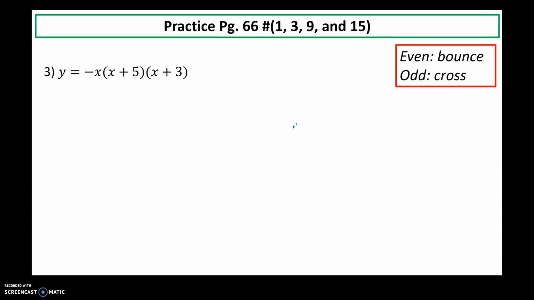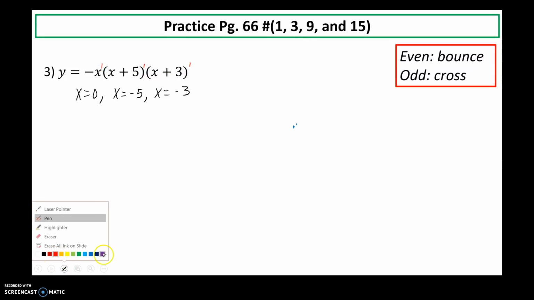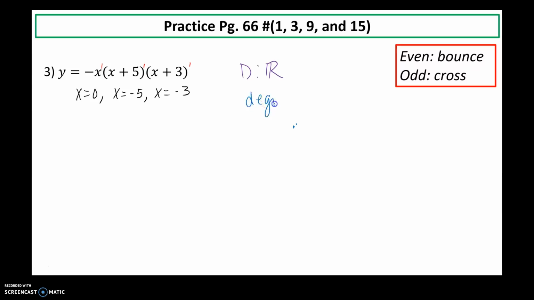So first, zeros. x equals 0, x equals -5, x equals -3. Each of these individual factors are to the first power. Domain, like all polynomials, all real numbers. I'm just going to continue to write it though. Our degree is 3.